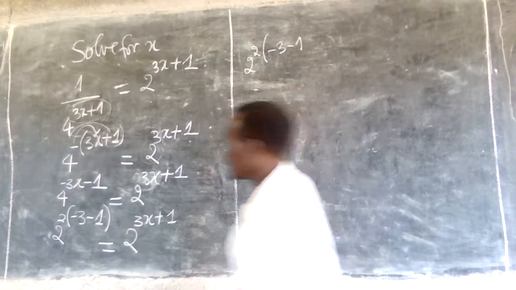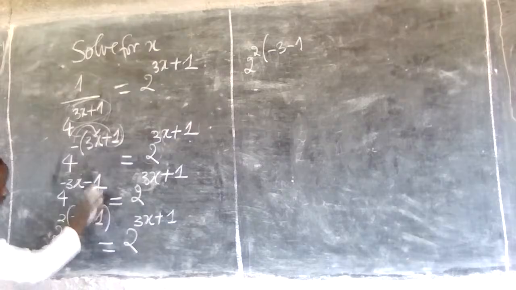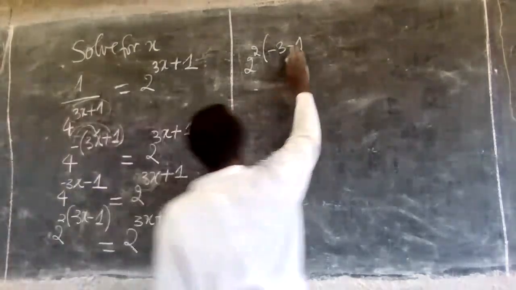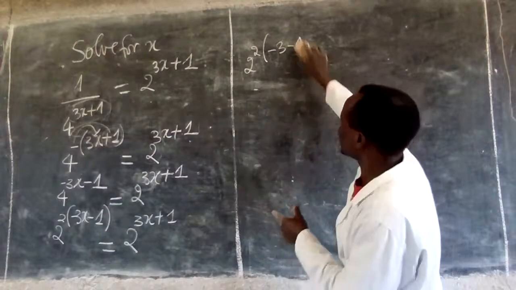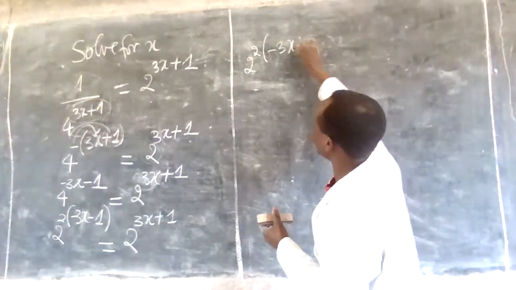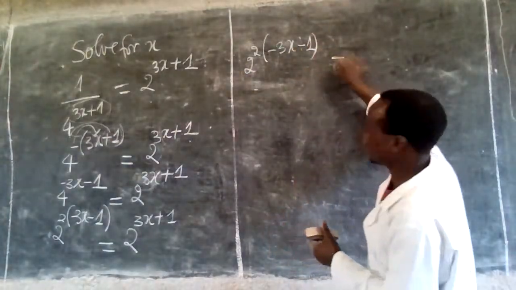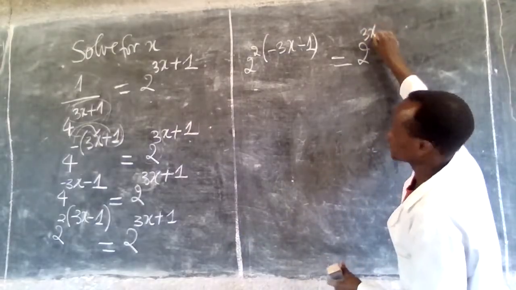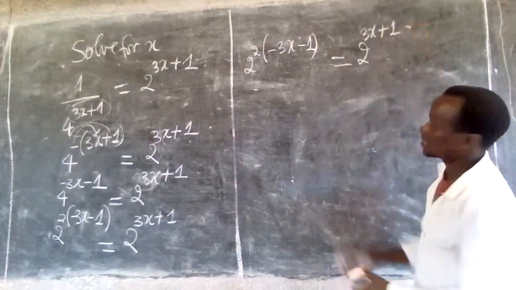We have minus 3x here. Yes, minus 3x. 3x minus 1, close the bracket, is equal to 2 times 3x plus 1.